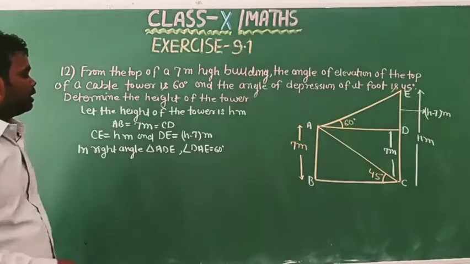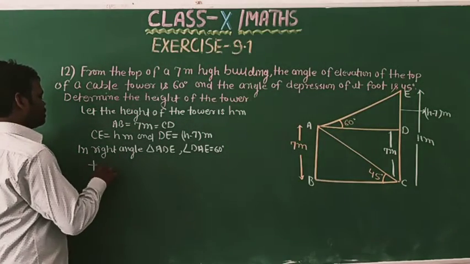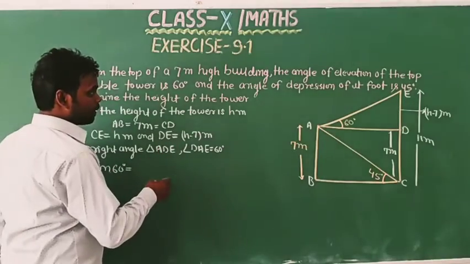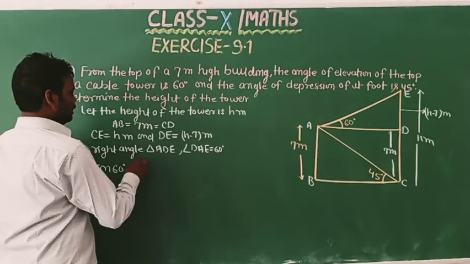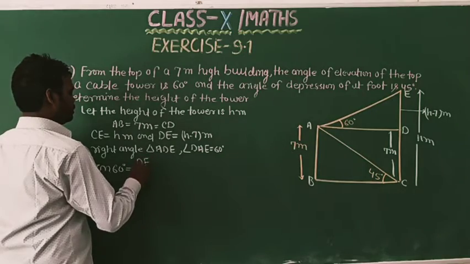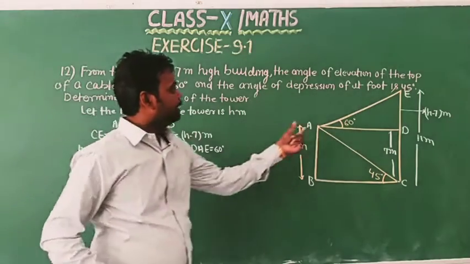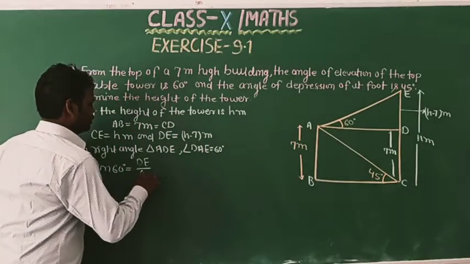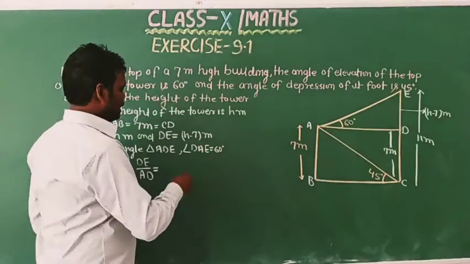So now using the tan trigonometric ratio, tan 60 degree equal to DE upon AD, where DE is h minus 7 meter upon AD.